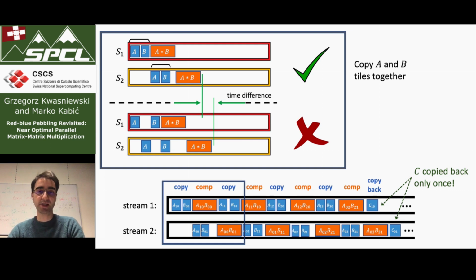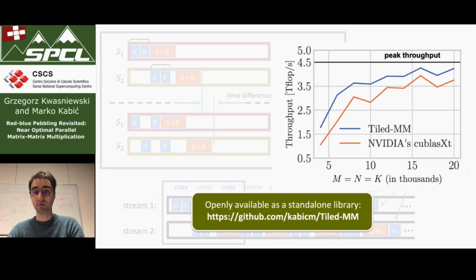With these two things in mind, we managed to outperform NVIDIA cuBLAS XT by up to 30%. In this plot, we show the throughput, and TiledMM almost achieves the peak throughput of the node. Our GPU backend is available as a standalone library, and it's completely free.